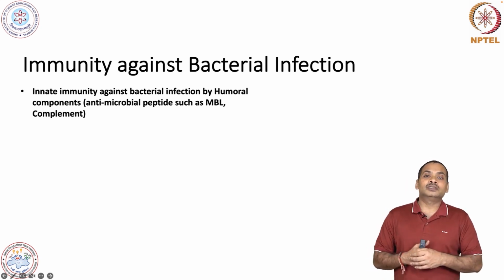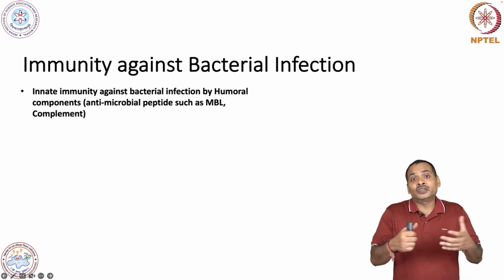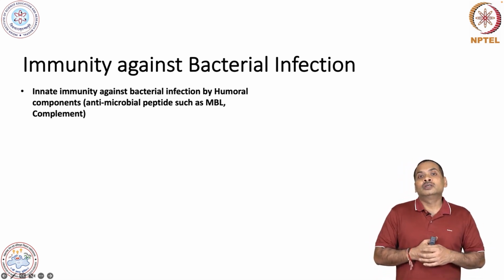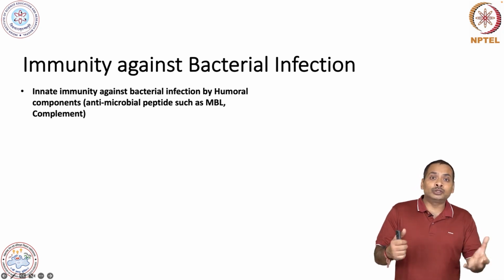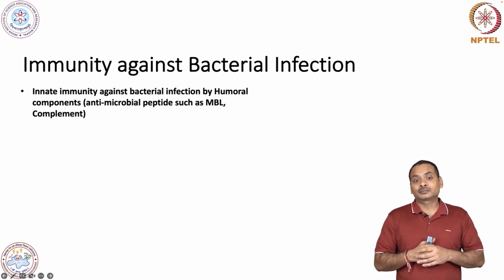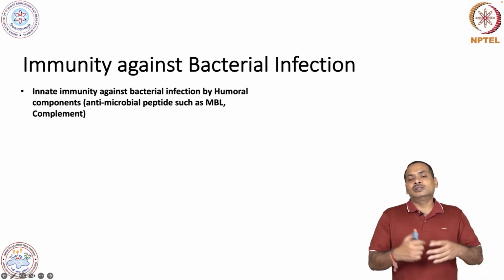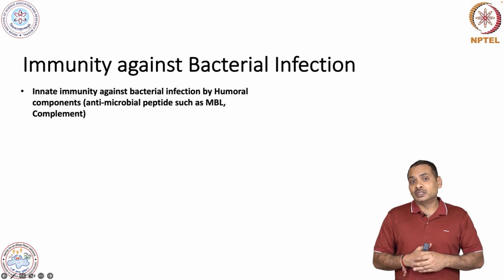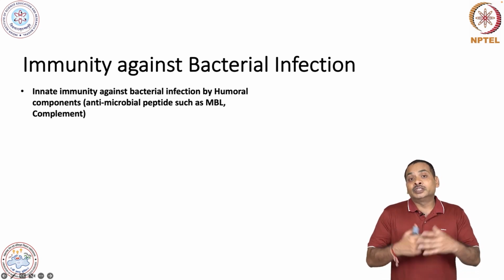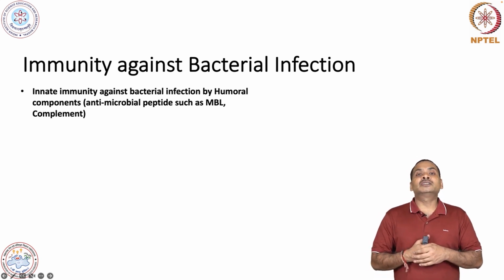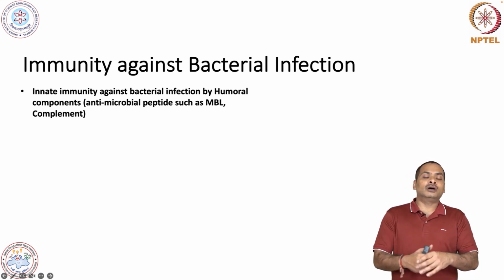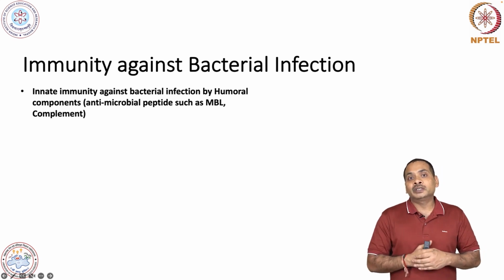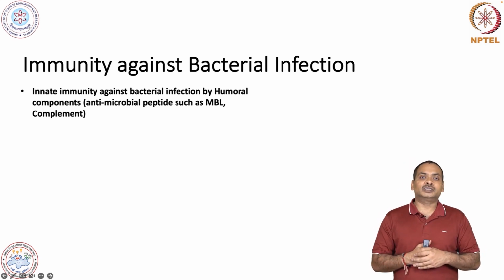For example, you may remember that there are different kinds of defensin proteins. There are some mannose binding lectins, and above all there is a family of proteins which we call complement. So these complements, or in fact all these humoral components, play an extremely important role in defense against bacterial infection.